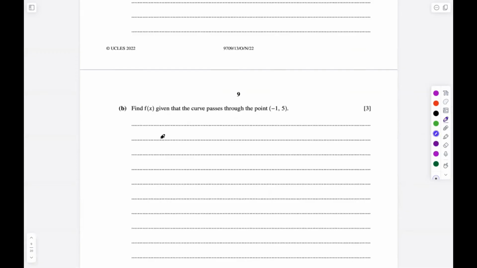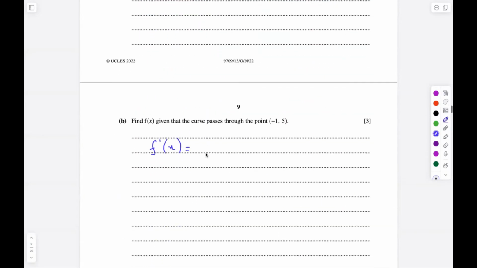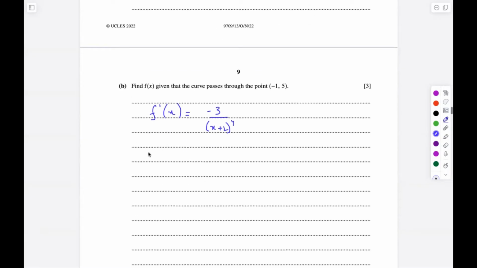In part B, it says, find f of x, given that the curve passes through the point minus 1 comma 5. Now we already have the expression for the derivative, which is minus 3 upon (x plus 2) to the power 4. We will have to integrate the function to find the expression for f of x.